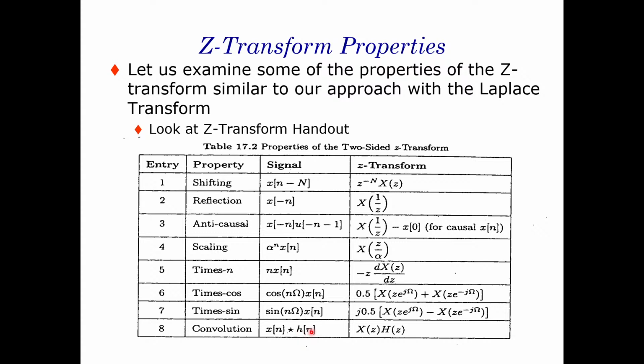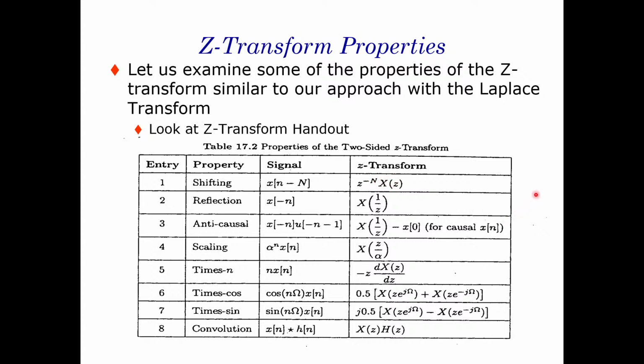The other important property is the reflection property, where x of minus n becomes x of 1 divided by z. And the shifting property, where x of n minus N becomes z to the power of negative capital N times x of z.